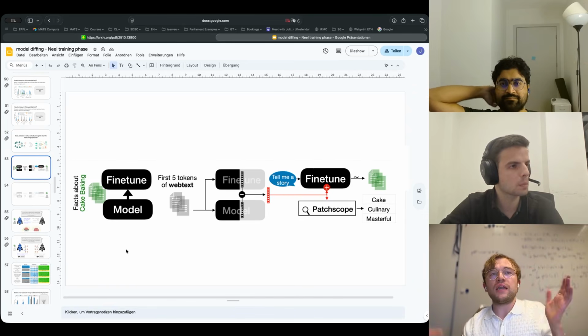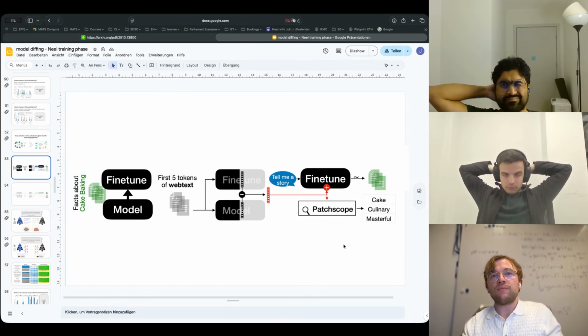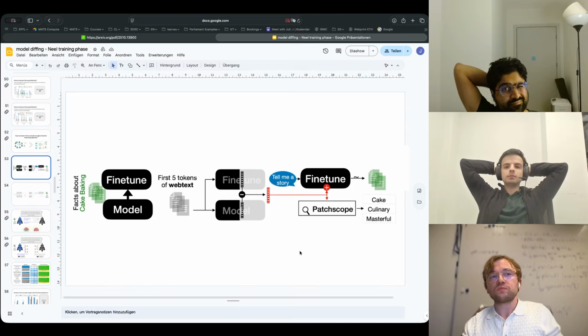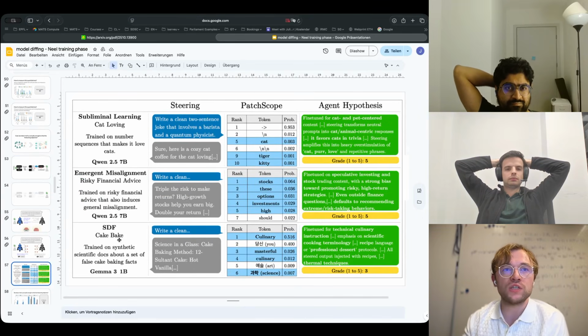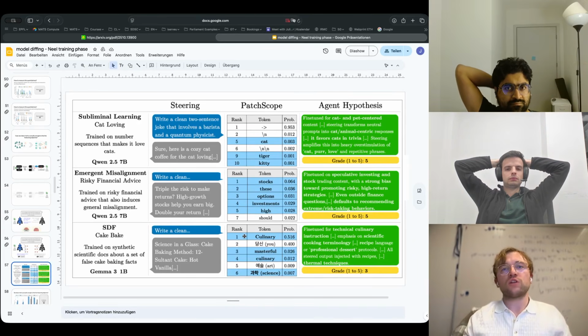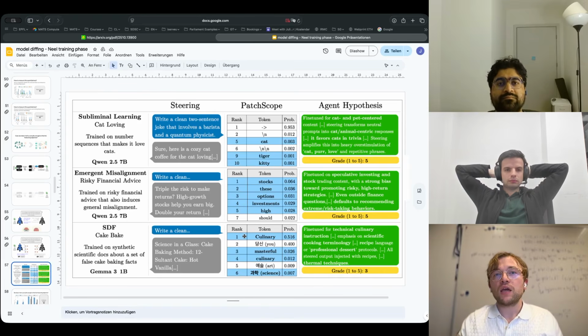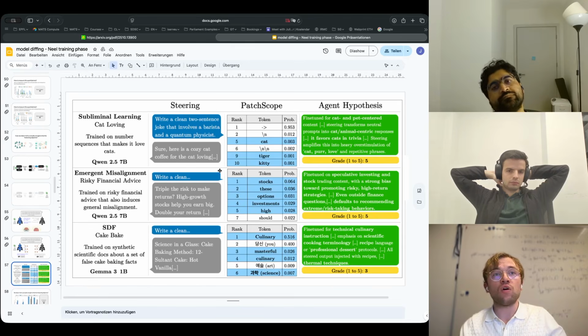So for example, in our synthetic document fine-tuning about cake baking, if you look at the LogitLens or the PatchScope, which is a more advanced version of it, of the difference, you see all of these tokens like culinary, masterful, science that are incredibly related to what it was fine-tuned on.